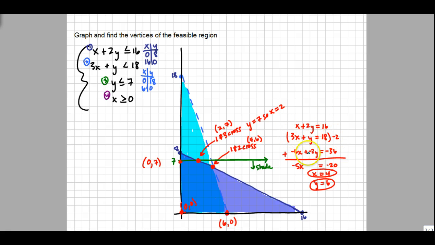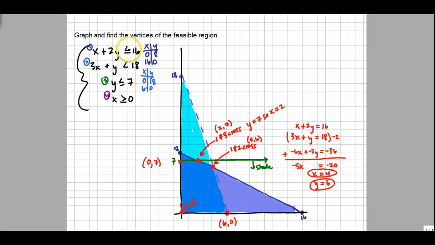So the bottom equation changed to this new equation here. And then I added the top equation to the new equation to get this, and I solved that to get the x of 4. Then I plugged it back in to the first equation and was able to get the y value of 6.